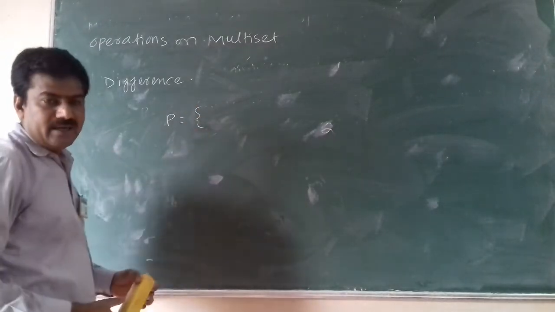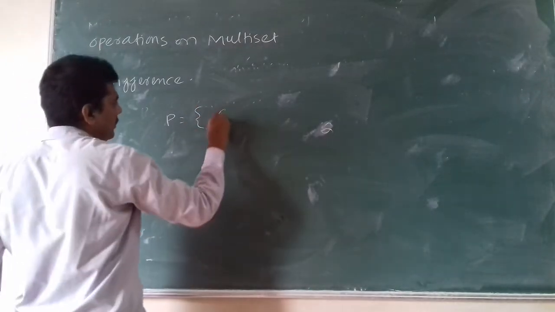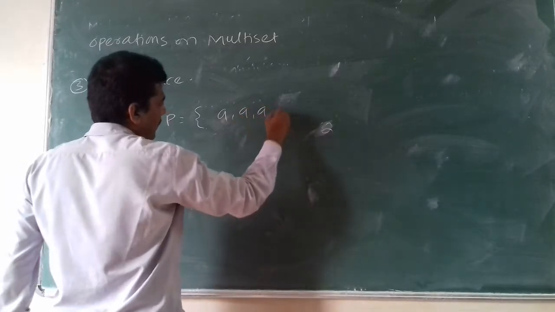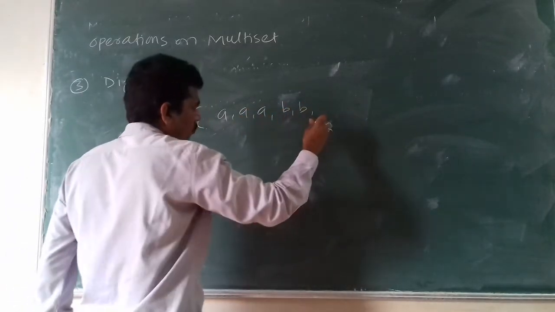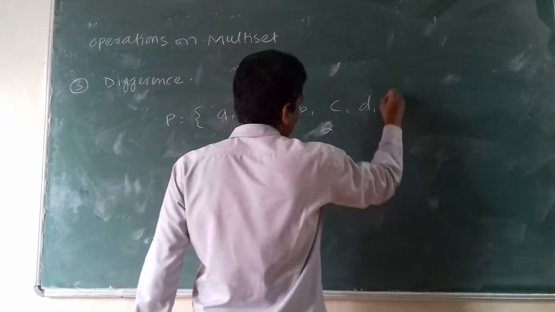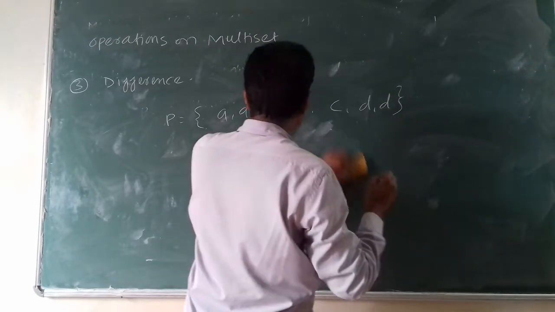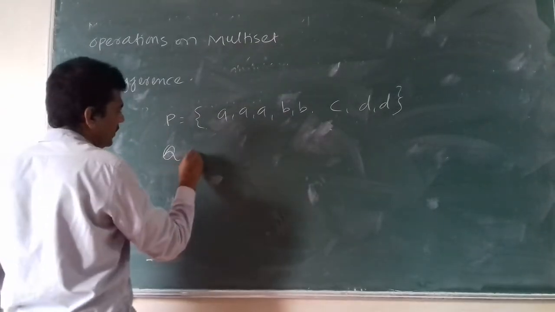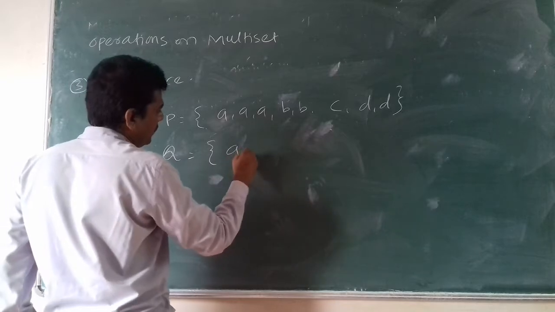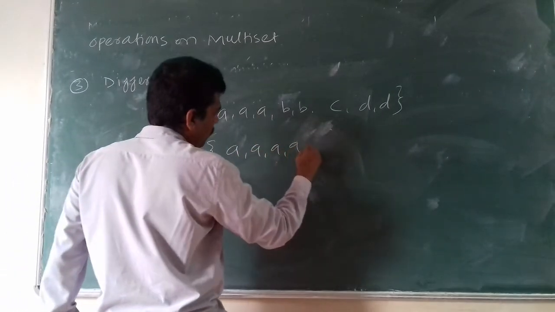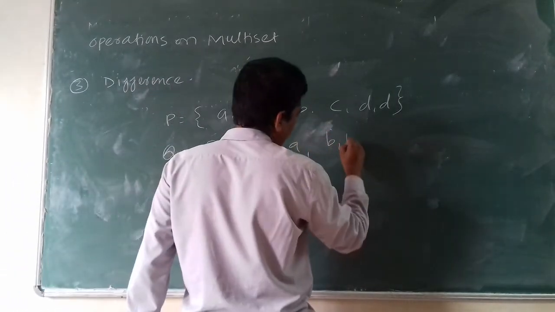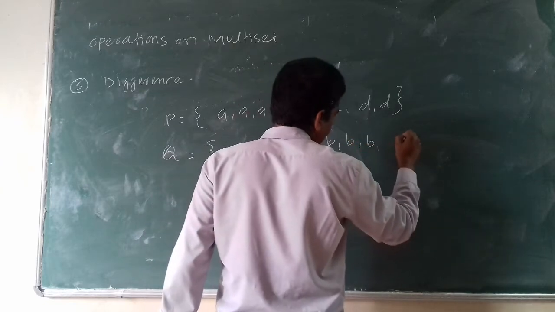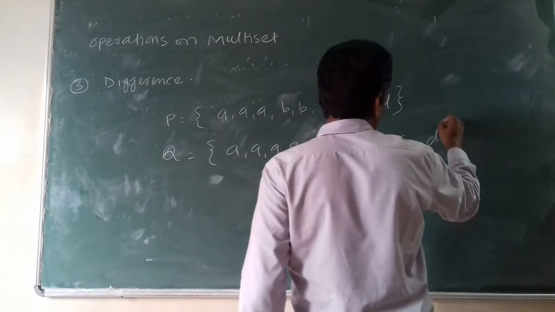P is the set with the elements 3A, 2B, 1C and 2D, and Q is another set with 4A, 3B, 1C and 1D.